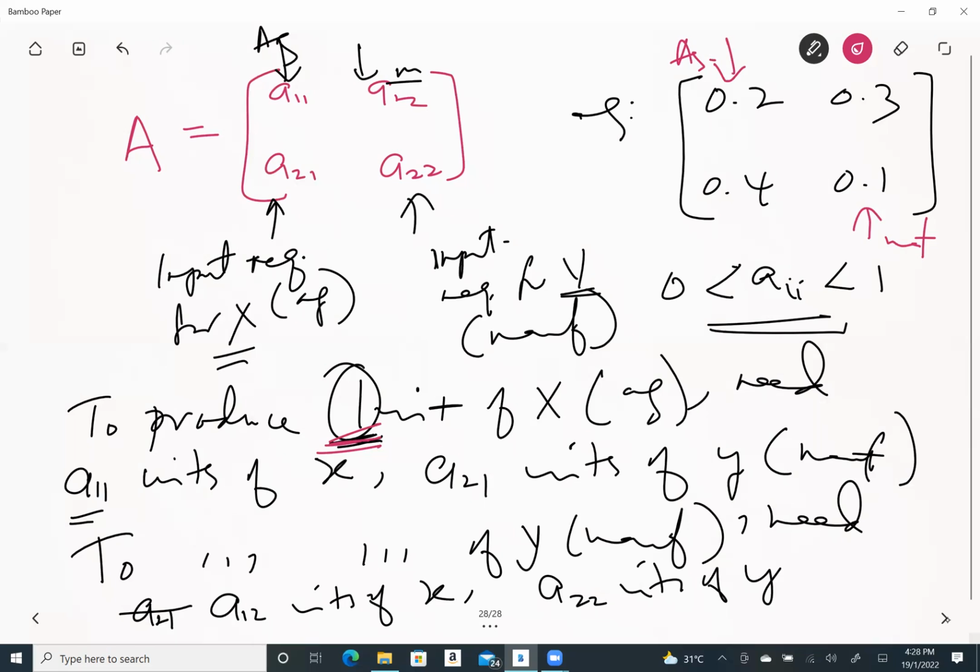But you can also generalize. People can ask, what if I want to produce 1,000 units of agricultural goods? How much agriculture output do I need? You know the per unit requirement is 0.2.